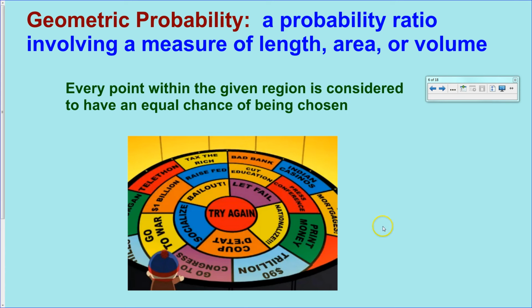So if we talk about this board here, it is just as likely to land in any particular spot as another. And that's the basic assumption. From there, we need to be able to calculate the size of all these sectors and all that to figure out what the probability is of landing in one of these colored regions.